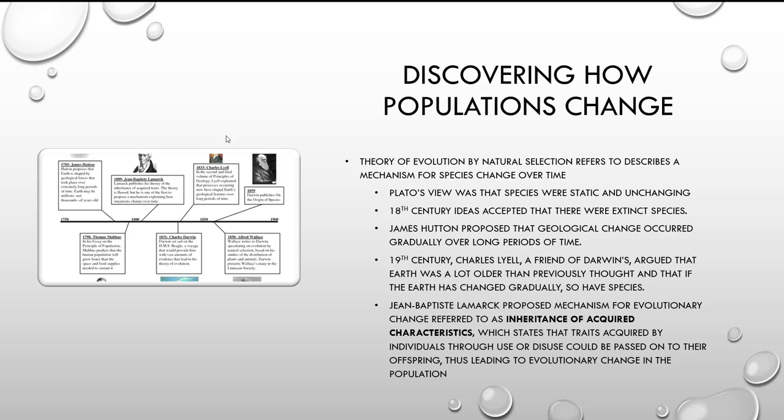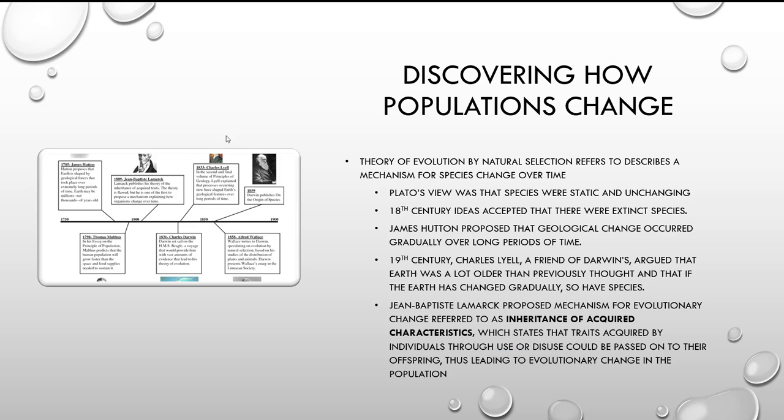So Jean-Baptiste Lamarck proposed a mechanism for evolutionary change, which he referred to as inheritance of acquired characteristics. He was the first to basically state that traits were acquired by individuals through use or disuse, and could be passed on to the offspring.